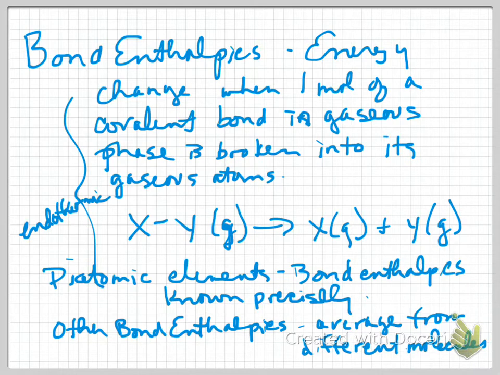Okay, so there is some error introduced when using those bond enthalpies. One, if everything's not in the gas phase, there would be more error, and two, because your empirical data that's used from the tables is based on average from different molecules. Okay. So we can use those bond enthalpies, though, in calculating the enthalpy of a reaction.